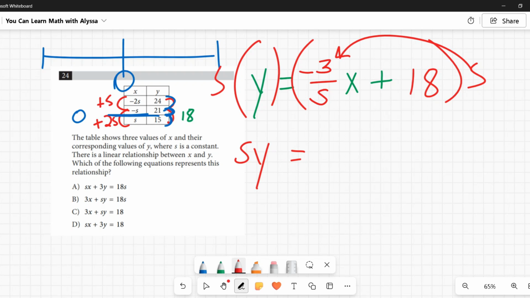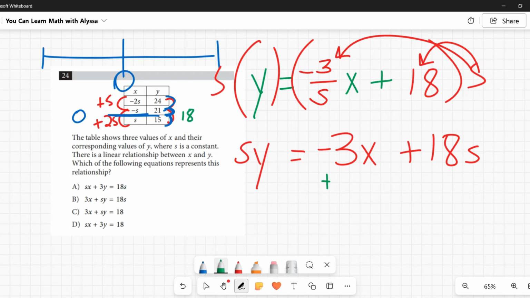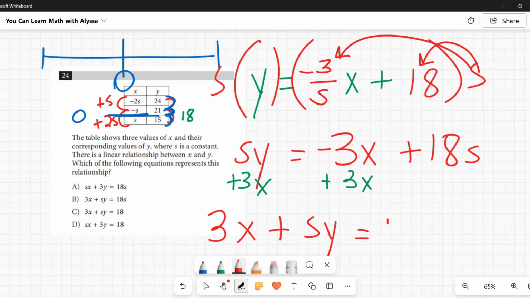When I multiply it by s, that disappears, so it becomes negative 3x. And then plus 18 times s. Okay. Now I want the x's and the y's on the same side, so I'm going to add 3x to both sides, and I get 3x plus sy equals 18s, and that is B.